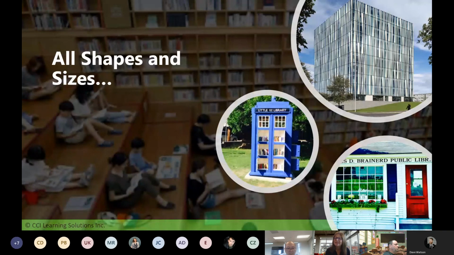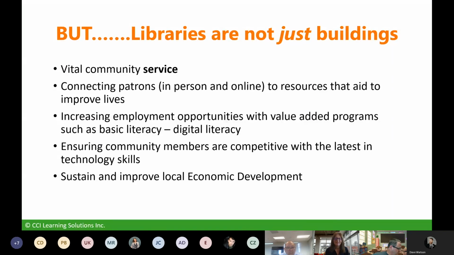They come in all shapes and sizes. However, in my opinion, libraries are not just buildings. The libraries serve a vital community service. They're responsible for connecting patrons in person and online to resources that aid to improve lives.